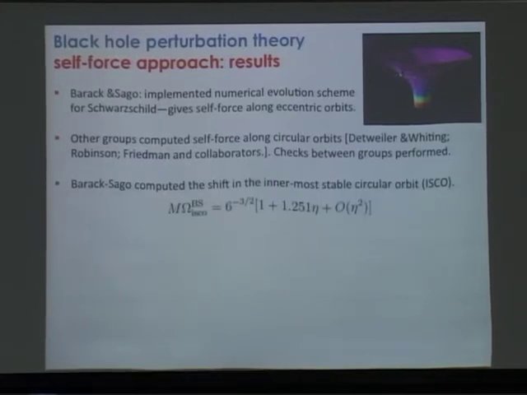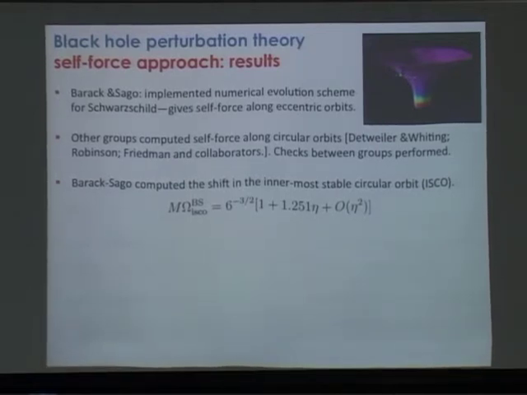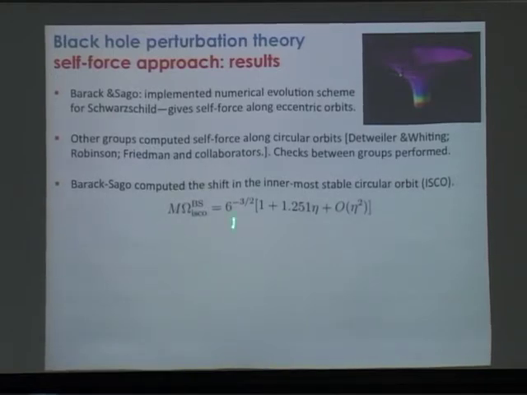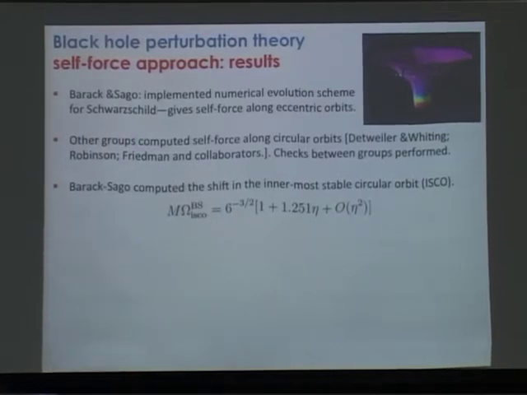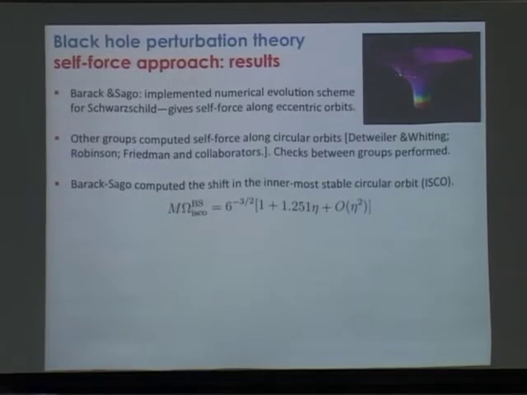One of the interesting things that Barack and Sago computed is this shift in the ISCO, which I talked about. So instead of, say, the ISCO frequency being at 6 to the minus 3/2 power, which is related to the 6M that you're familiar with, you get some correction which depends on the mass ratio. This was a very important result in this field, because this is essentially a gauge invariant quantity that you can use to compare various different approaches.